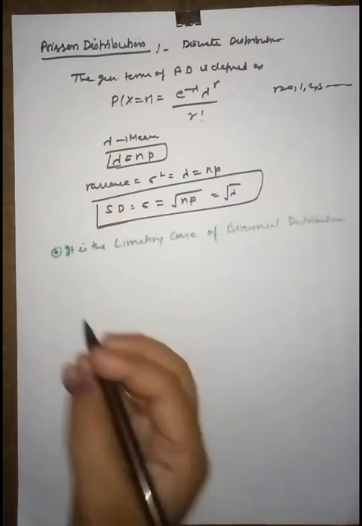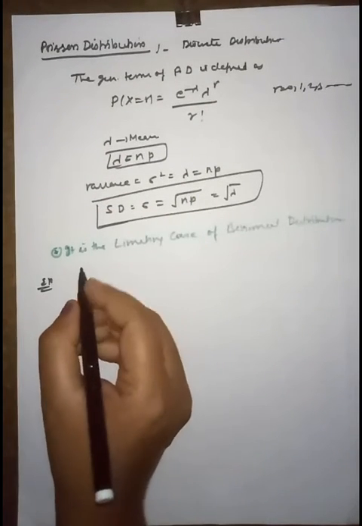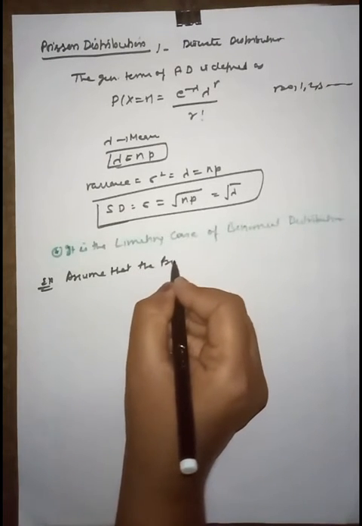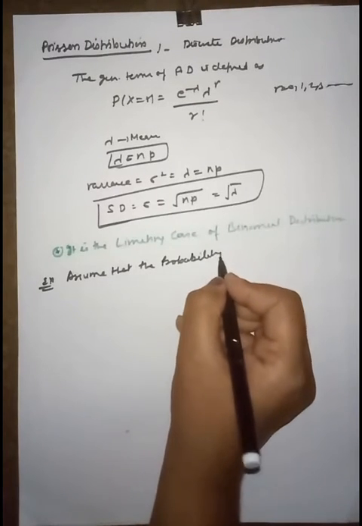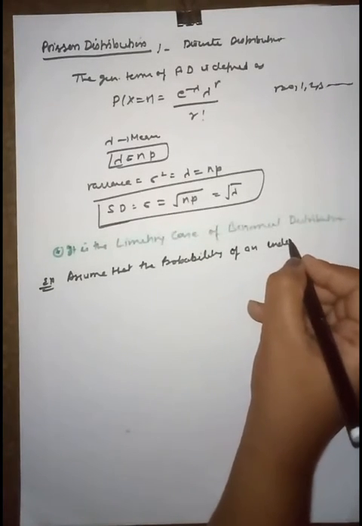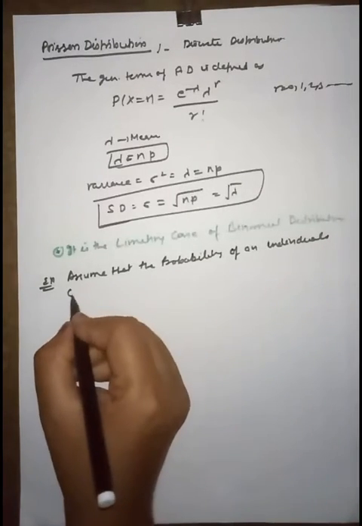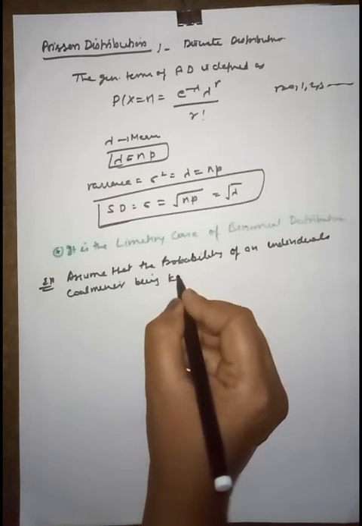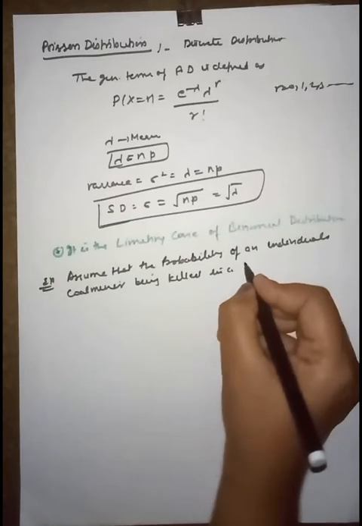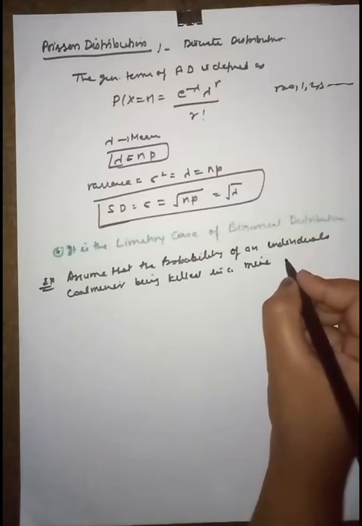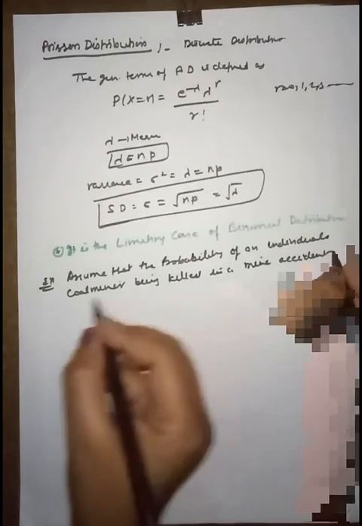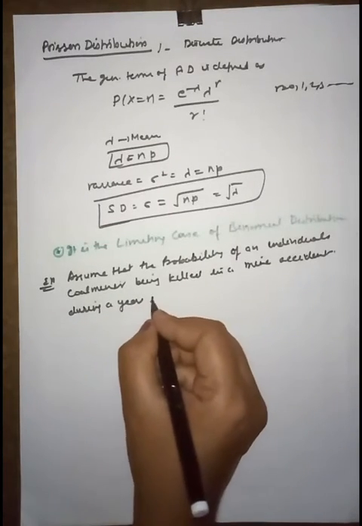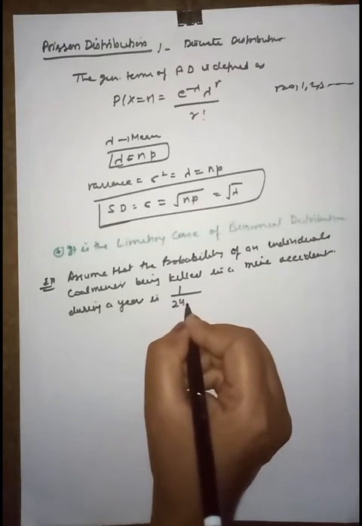Now let's take an example of the Poisson distribution. Assume that the probability of an individual coal miner being killed in a mine accident during a year is 1 upon 2400.